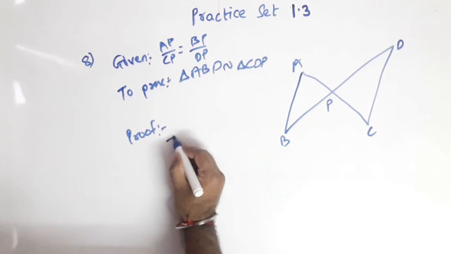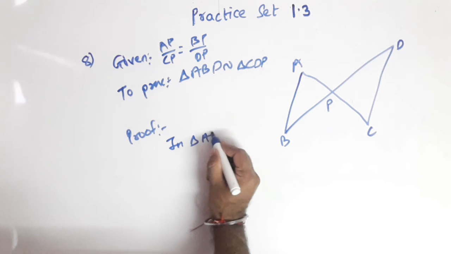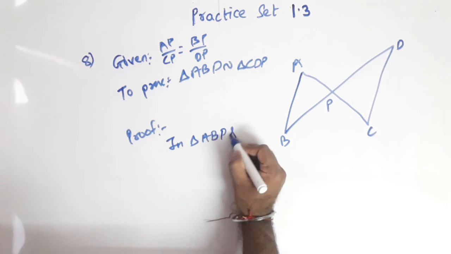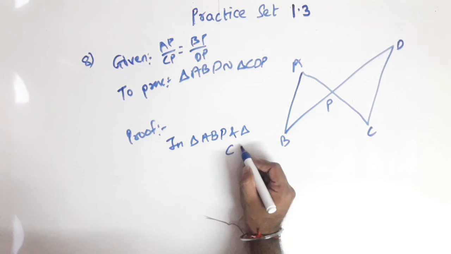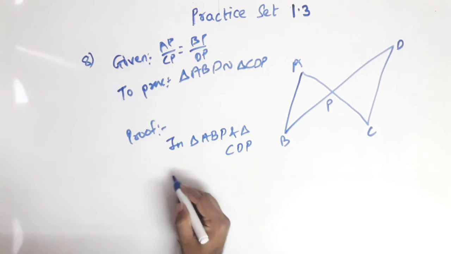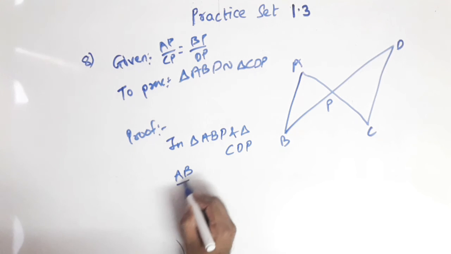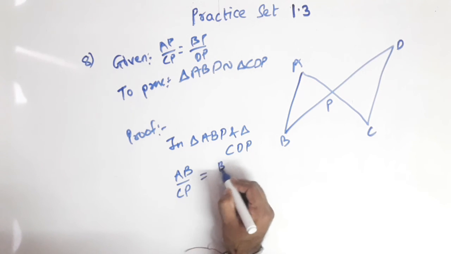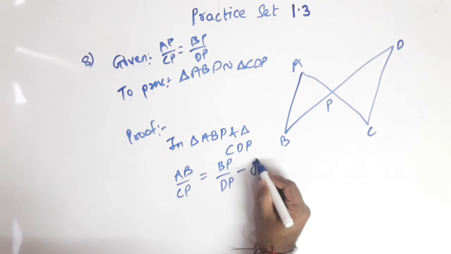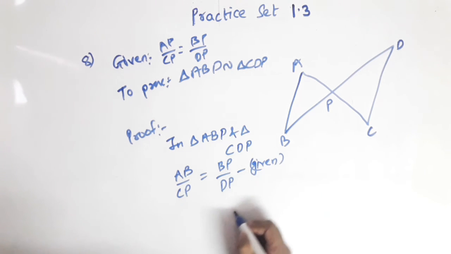So I'll write in triangle ABP and triangle CDP. First, what is given, I'll write AP upon CP equals BP upon DP. This is given.